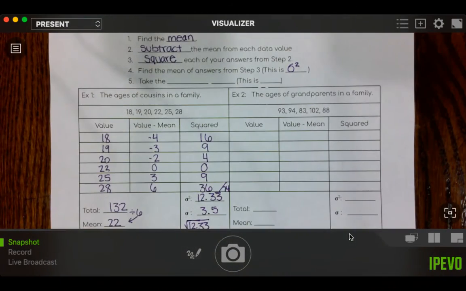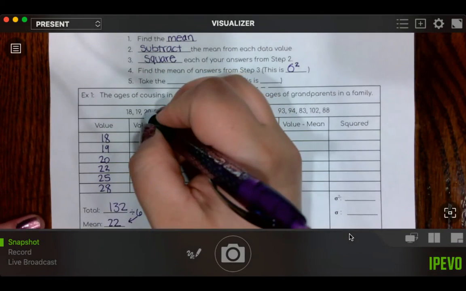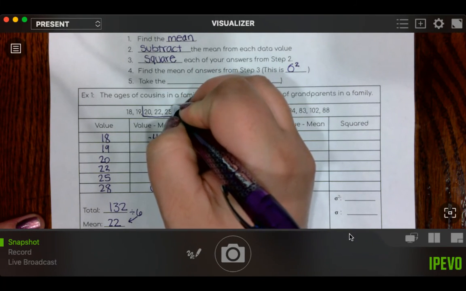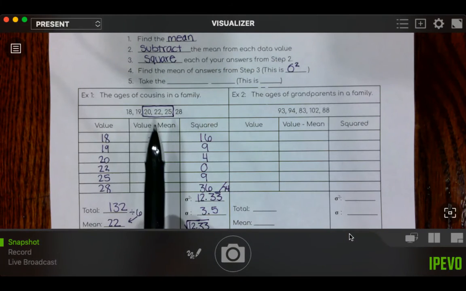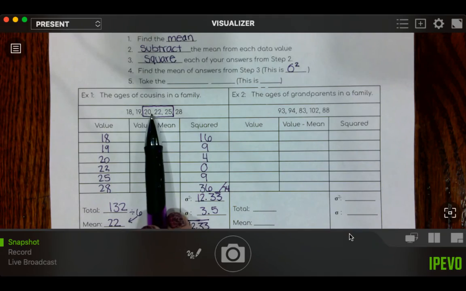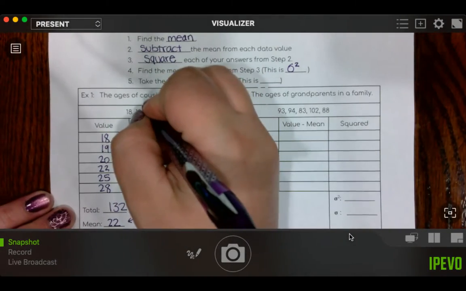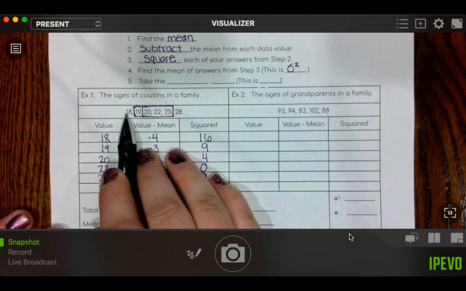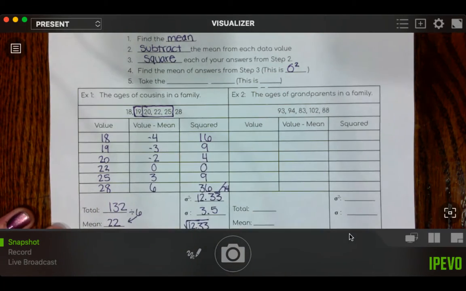So what that means is 70% of our numbers fall within 3.5 away from 22, which would technically include these three, because here's 22, and these are the only ones that fall within 3 of it. 19 works, sorry. 18 is what I was going to say, is 4 away, so it doesn't fit within 3.5.